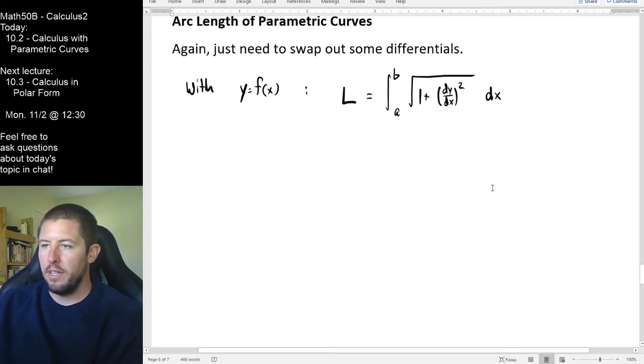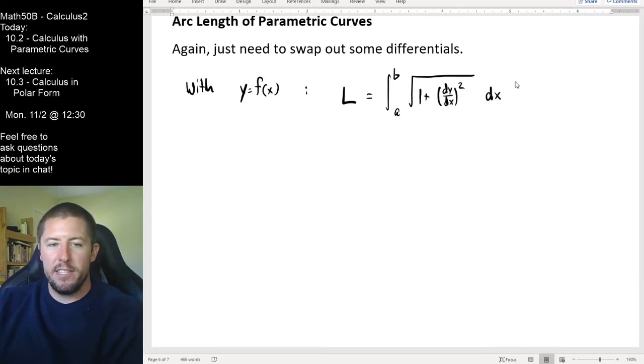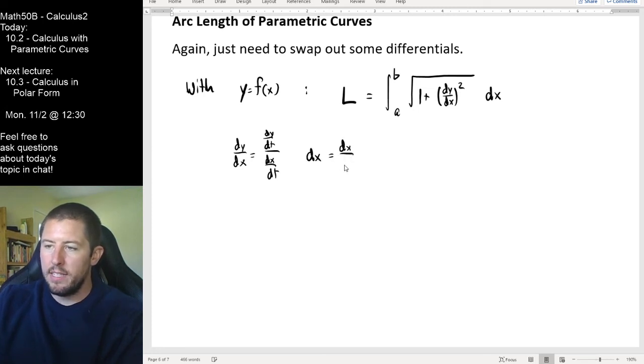There would be no essential difference here. So hopefully you can see right away that we have two pieces that we've already managed to deal with before. I already know how to make both of these swaps, right? I know that dy/dx is (dy/dt)/(dx/dt). And I know that dx we've replaced before as (dx/dt) dt. Right? I know these two swaps.